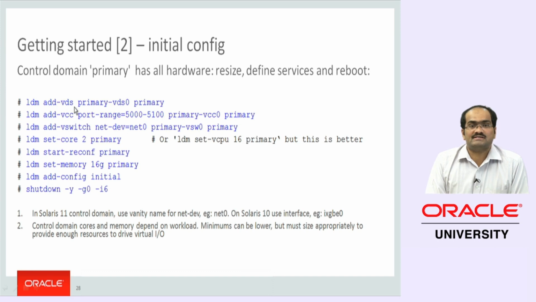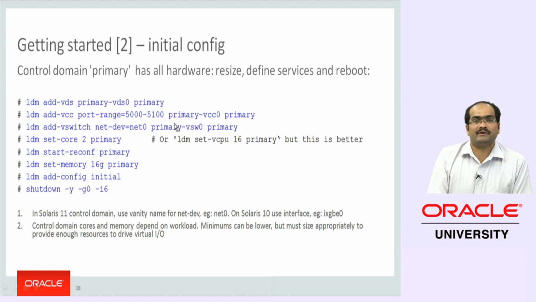This is add-vds, and we are giving primary-vds0 as the service name, and we are creating it in primary. Primary is the default control domain name on the machine. After that we configure a VCC service through the add-vcc command, with the port range 5000 to 5100.